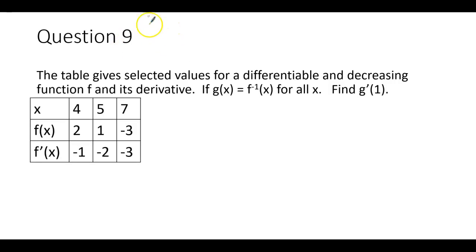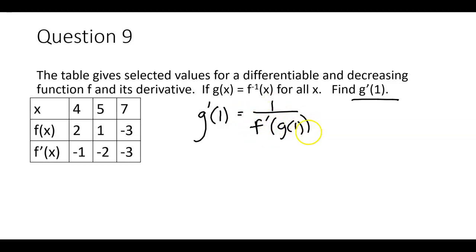Another inverse question, but this one is for a table. All right. So let's begin. I want to find g prime of 1. Now remember, g is the inverse of f, and so the formula for that is going to be 1 over f prime of g of 1.